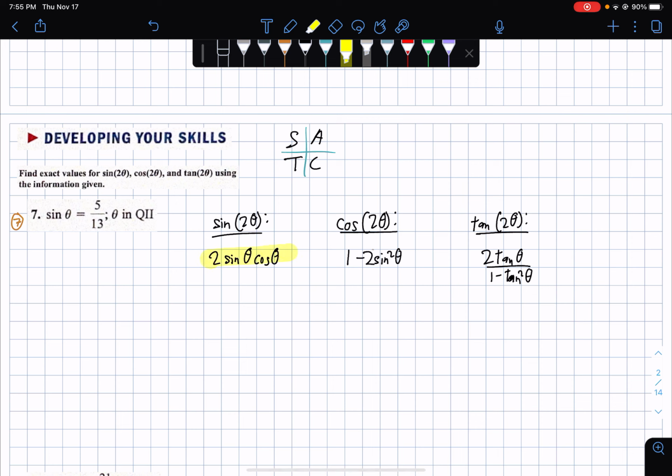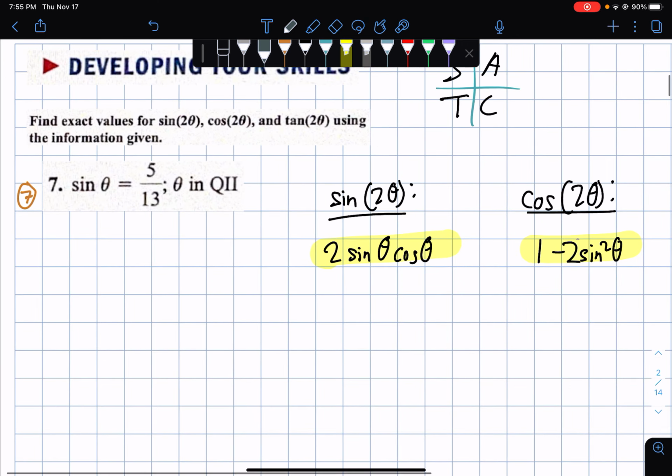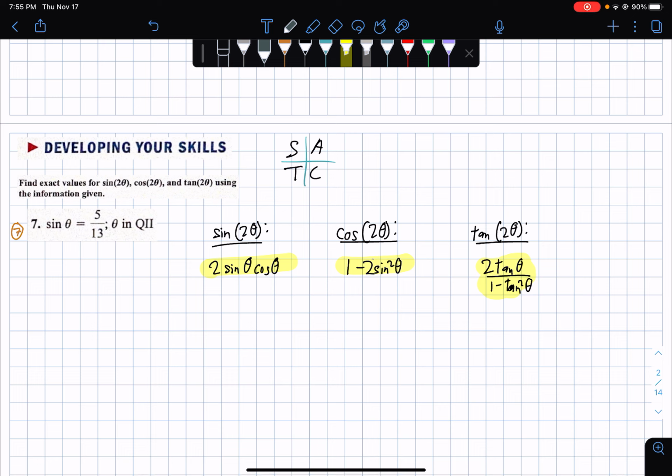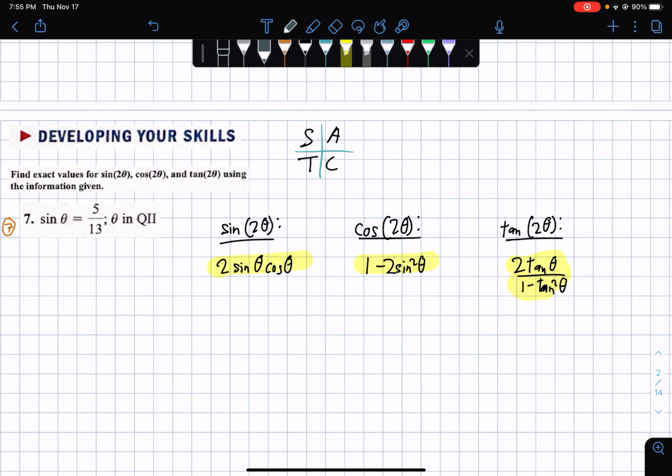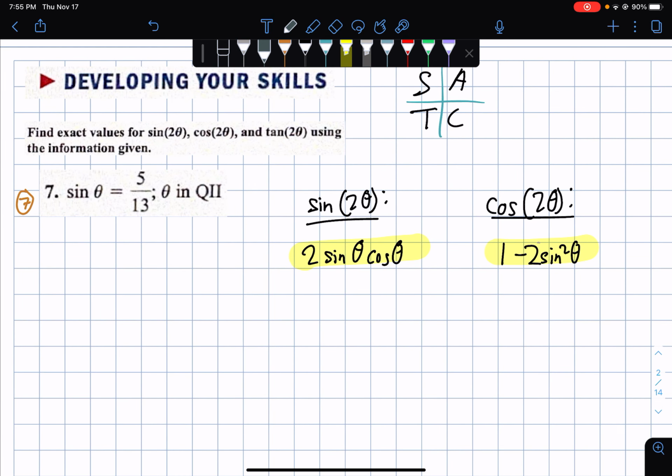These are the formulas that you have to remember. Although there are certain teachers who will provide these formulas in the exam, you might want to memorize these, especially when you're in college. First, you might want to look for cosine theta and tangent theta based on what we have right now.